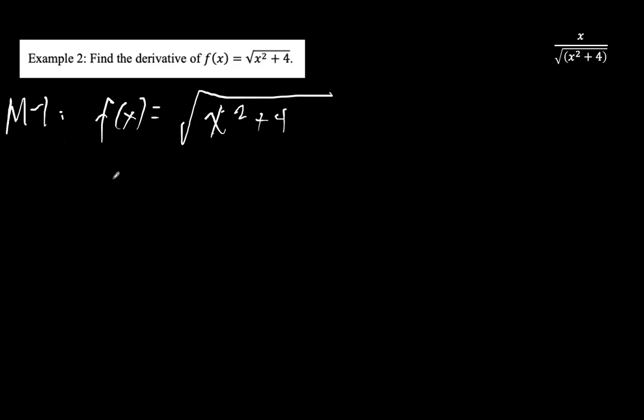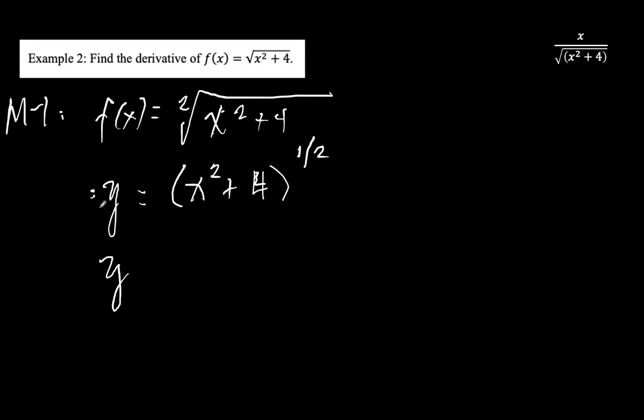Here, guys, for me to easily see the exponent, I write it as an exponential rather than using the radical. However, you can solve this directly with the radical expression. So this is x squared plus 4 raised to 1/2. And let's say this is y, so we could easily write it down.